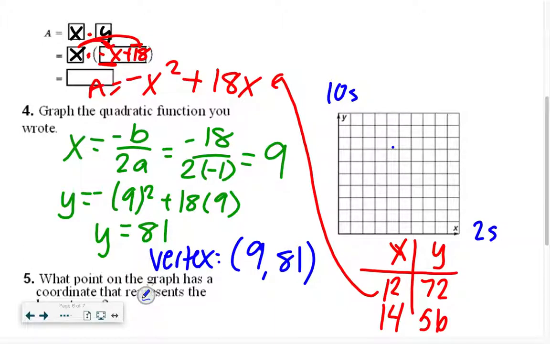Now what? Plot it. 12, 2, 4, 6, 8, 10, 12. Close enough. So we got something like that.